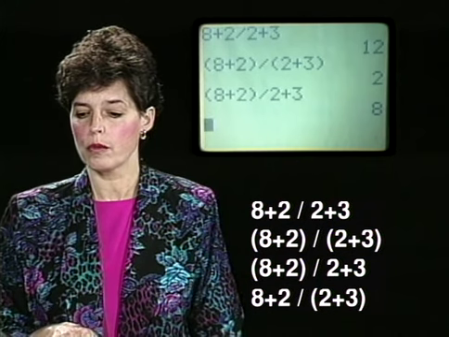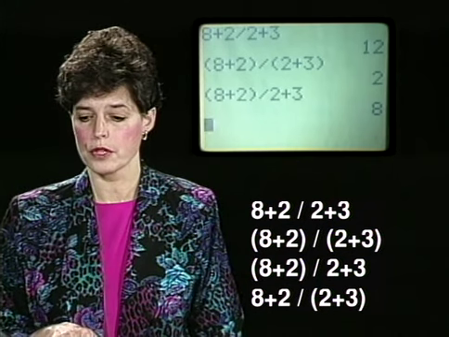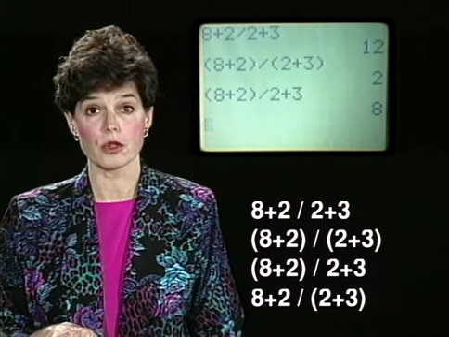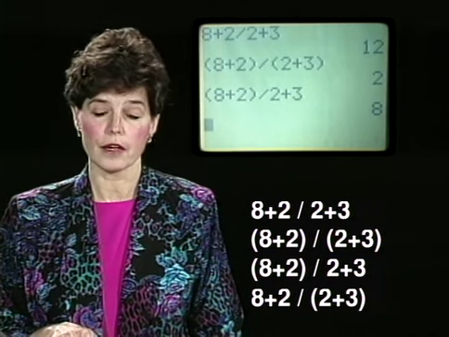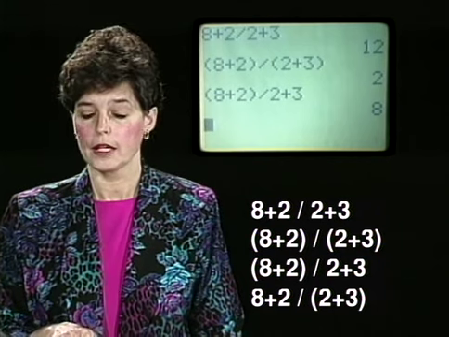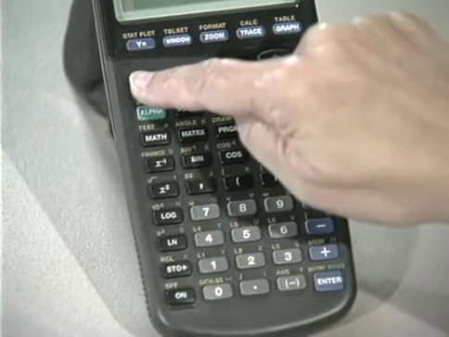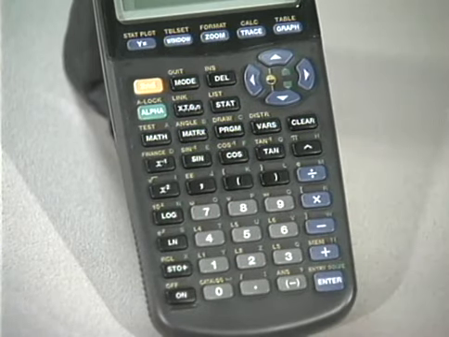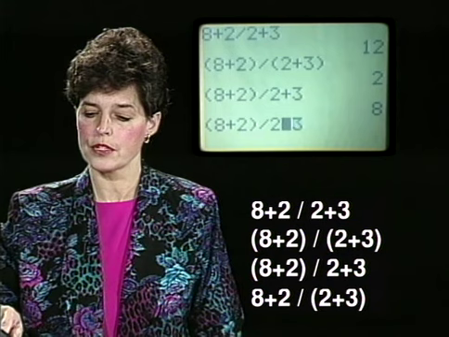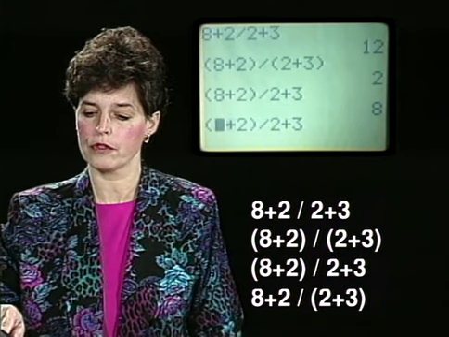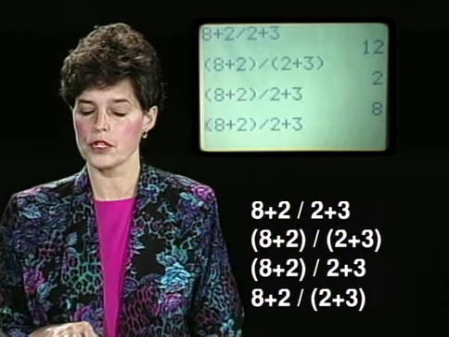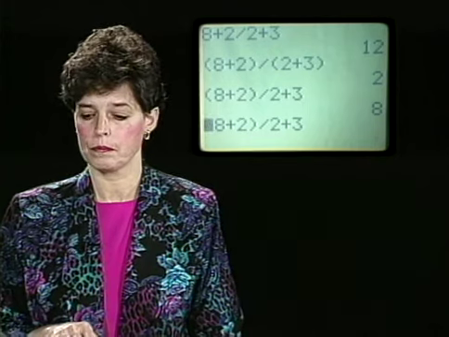Well, the last problem that we're going to do involving these numbers is going to be having parentheses around the 2 plus 3, but not at the beginning of the problem. Let's get the problem back again by doing second, Enter, and I'm going to delete the parentheses that are there by moving to the left and taking those parentheses off with the delete key.